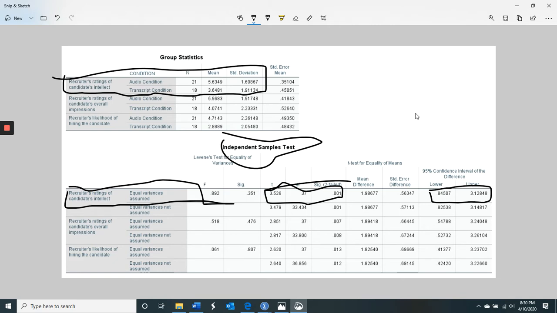To do our interpretation, first thing I'd look at is the significance level. Here it says 0.001. It means that there's a 0.1% chance of a type 1 error. That's really small because we think we can live with a 5% chance.